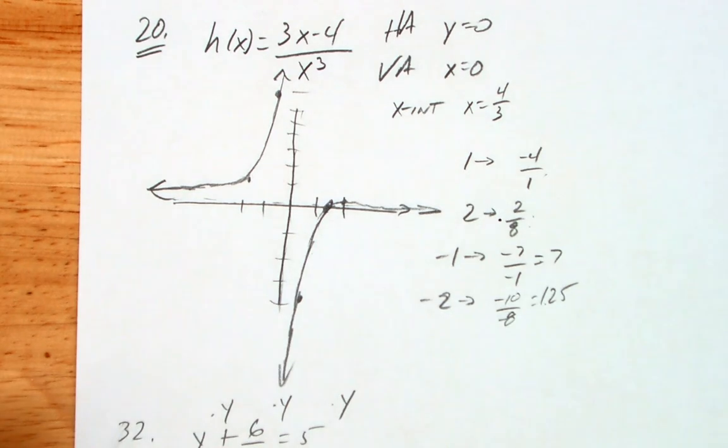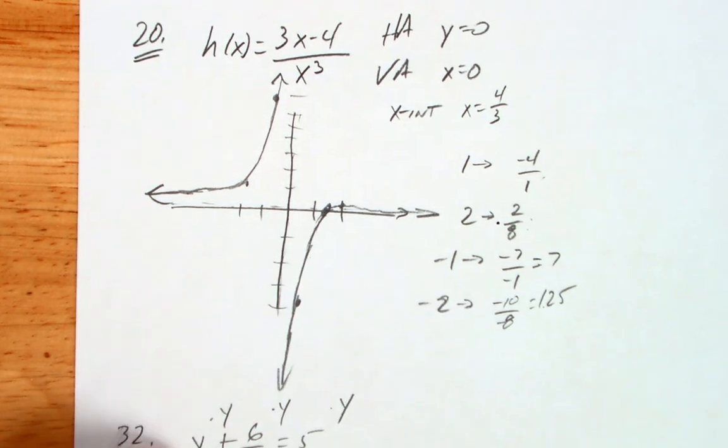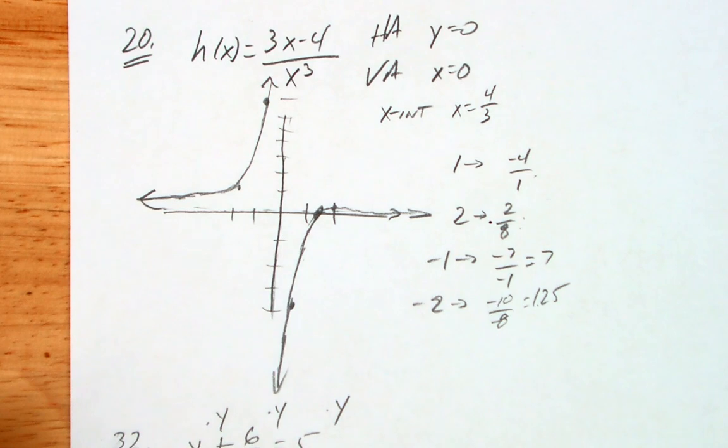And this is probably a good time to say, if I had put something like this on a quiz, I need to make sure that you don't just graph it on the graphing calculator and then copy down the graph. So I will do one of two things.